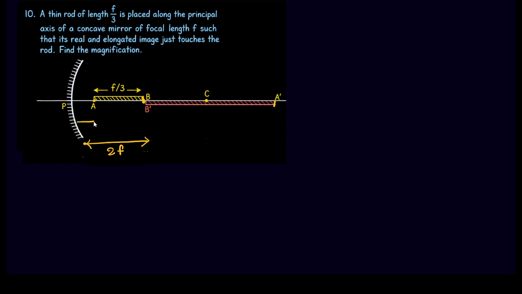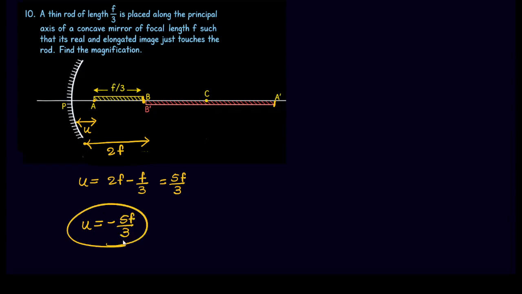Can you find this distance now, the object distance of A? So this is U, which is equal to 2F minus F by 3, so it will be 5F by 3. Since it is an object distance, it will be minus 5F by 3.